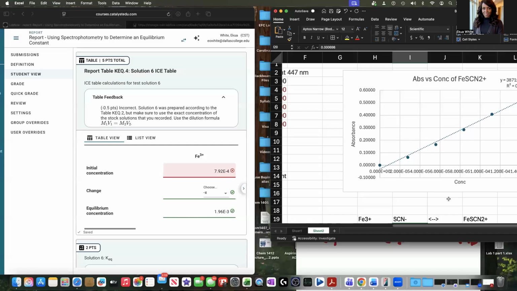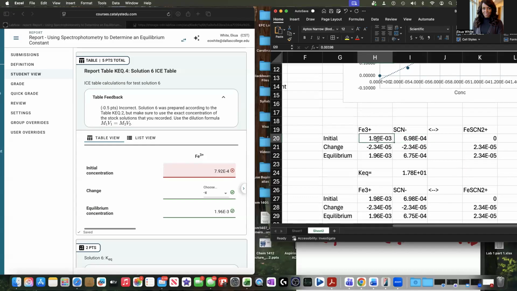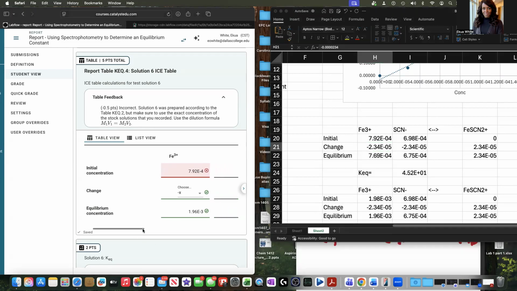Man, this is a lot of stuff to keep up with. But remember, let me try here: 7.92 exponent -4. Let me try that and see how that plays out. So then I have 7.92, and that changes this one here to 7. But they said there's nothing wrong with that one. These people. Okay.